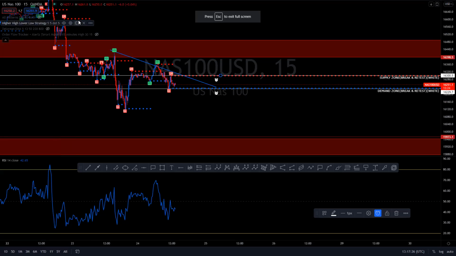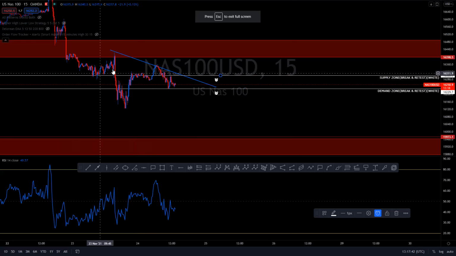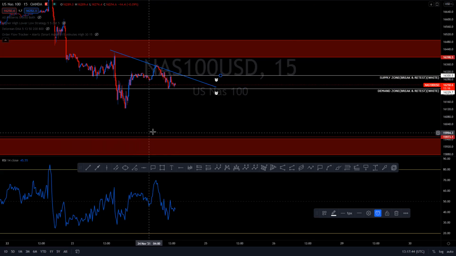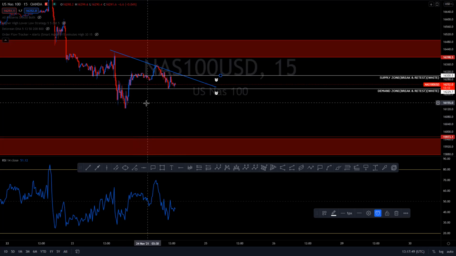So then I'm going to actually turn these off. All right. So that's step 2. We identified the trend, which more likely price is trending down, more than likely.